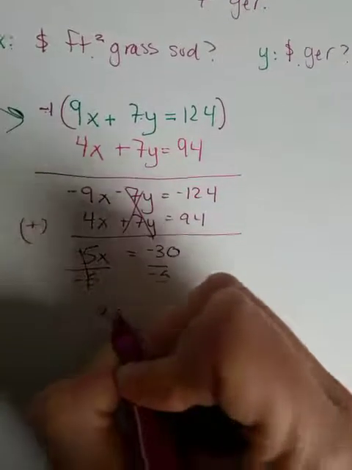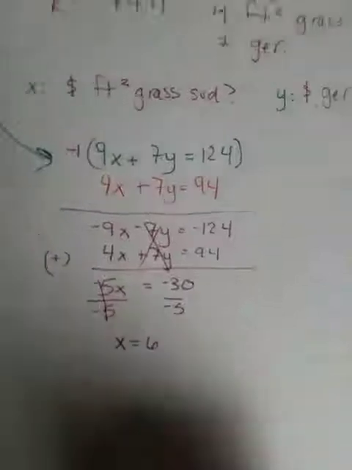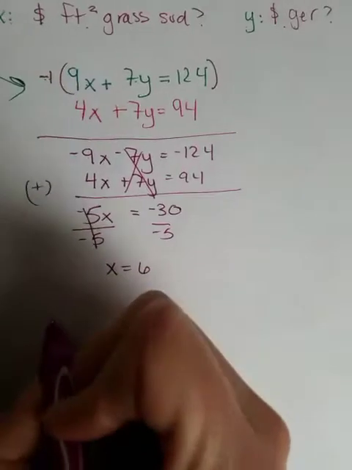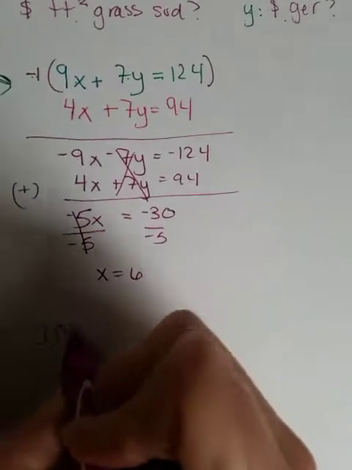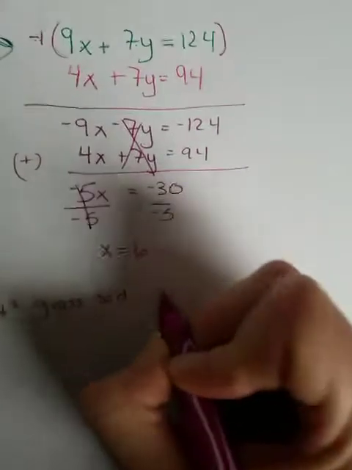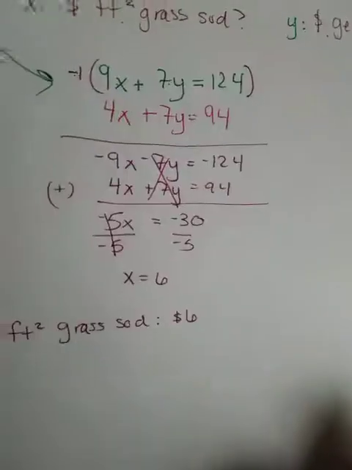So you're going to get x equals 6. Well, what was X again? Oh, it was the cost of the square feet of grass sod. I should actually say the square feet of grass sod, you don't have to be fancy, is $6.